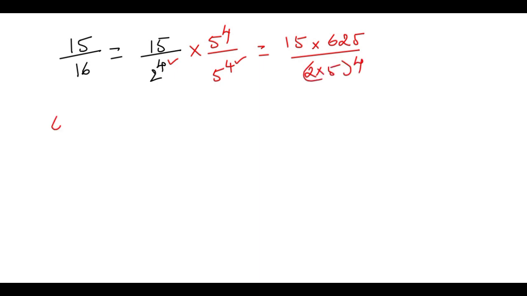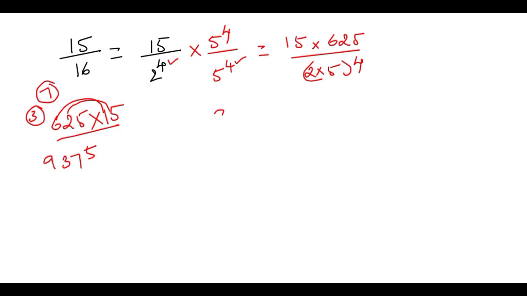So 625 into 15, both we need to multiply. So 625 into 15, I'm going to multiply this now. 15 5s are 75, and 15 2s are 30 plus 7 is 37. 15 6s are 90 plus 3, 93.